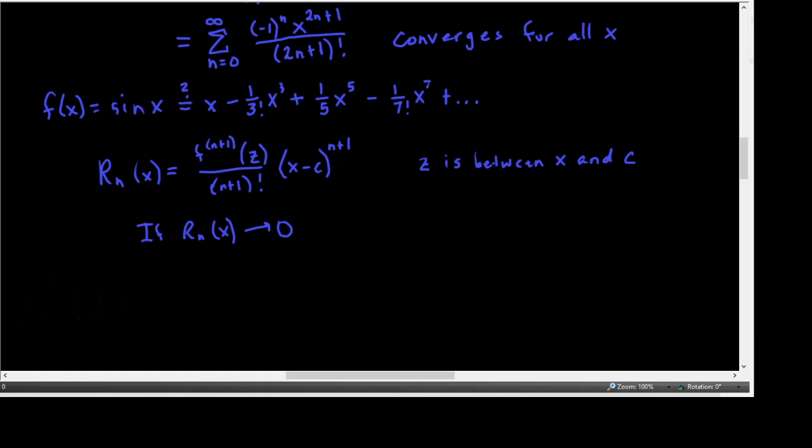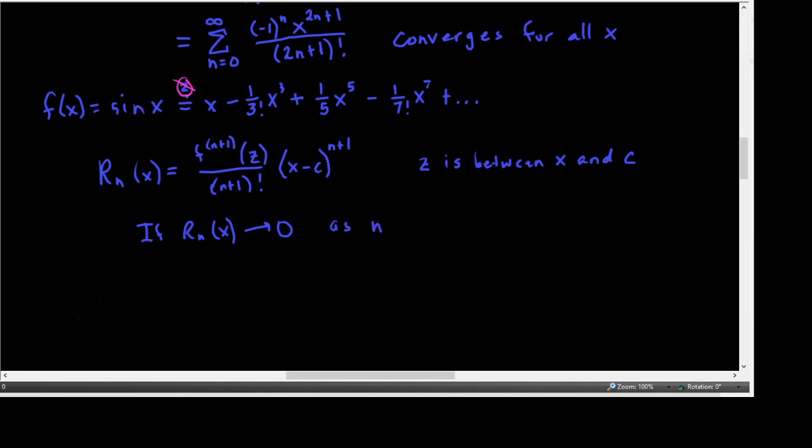So if this r sub n of x approaches 0 as n approaches infinity, this is no longer going to be in question, and we'll know that that actually is equal to it.